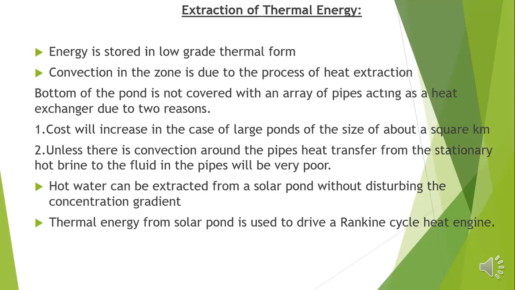So hot water can be extracted from the solar pond without disturbing the concentration gradient. This can be achieved by installing the water outlet at the same height as the water inlet.